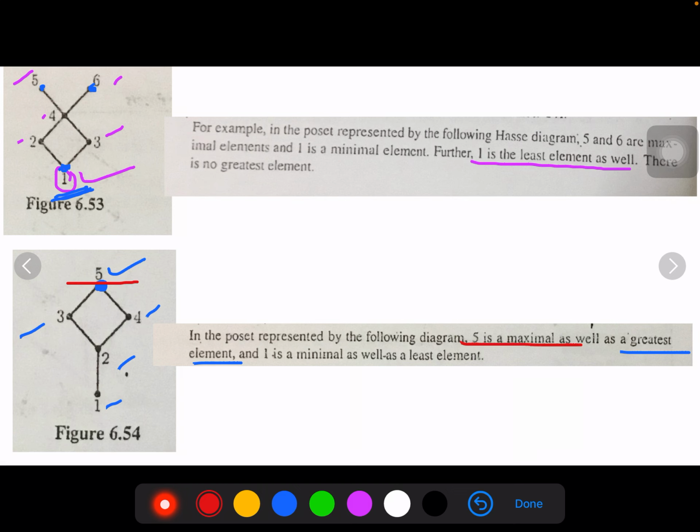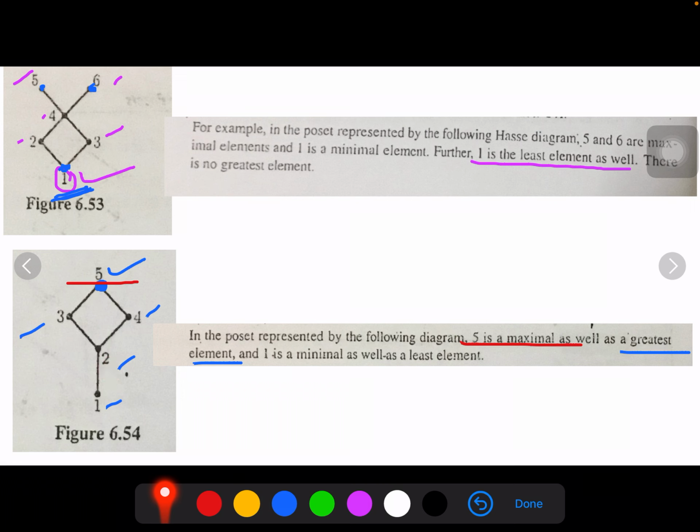Greatest, how is it greatest? It should be connected by all the elements. Yes, it is connected. Yes, 5 is connected by 3, 5 is connected by 4. It's satisfied. Similarly 2, there is a connectivity between 2, 3 and 2, 4, and 3, 5 there is a connectivity. Therefore, there must be connectivity here also as per transitive property.